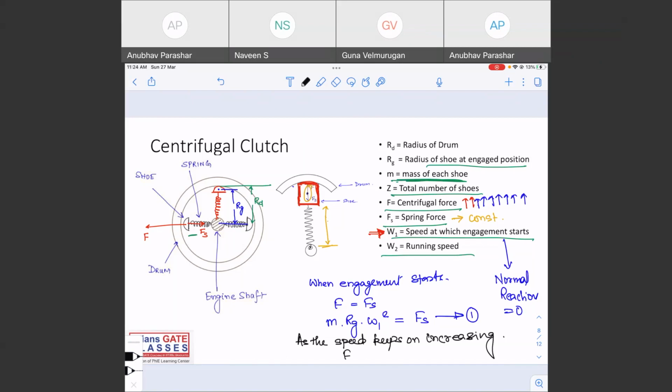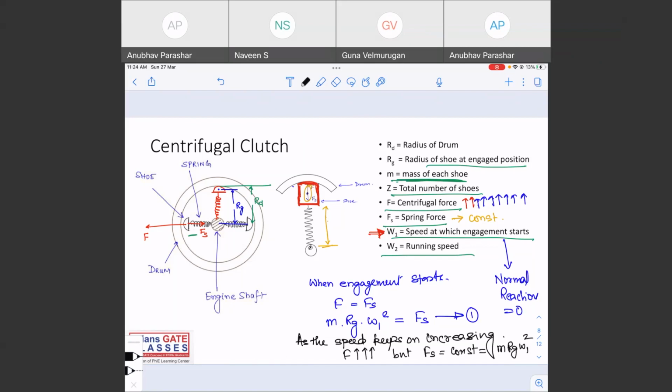The centrifugal force F will keep on increasing, but Fs is constant. That is equal to m Rg omega 1 square. Fs cannot increase beyond this point.